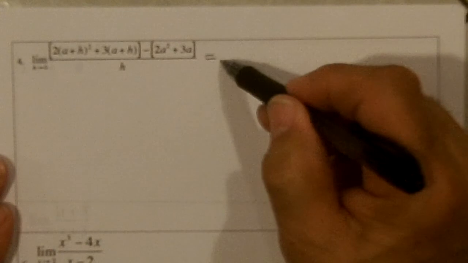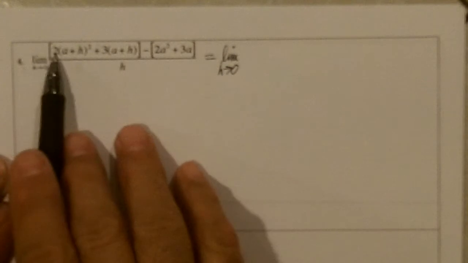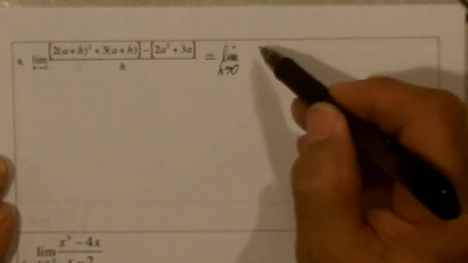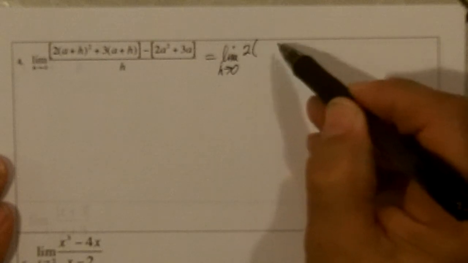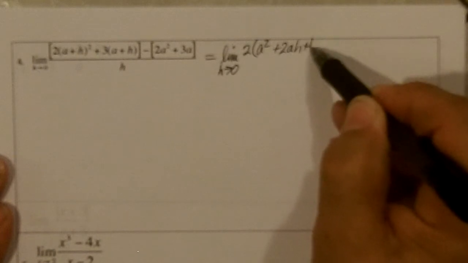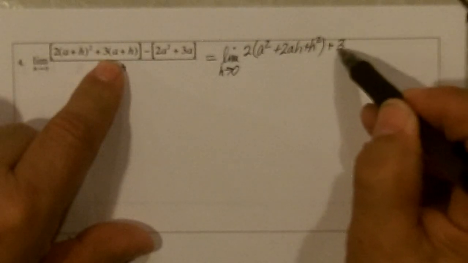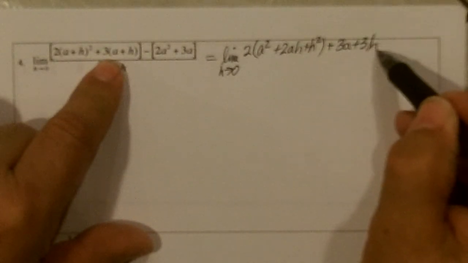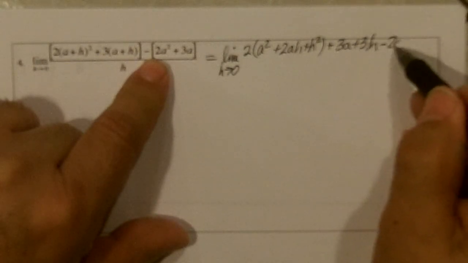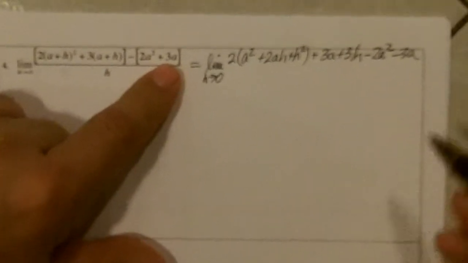4 is just an algebra problem with a touch of calculus. So we have the limit as h approaches 0 of this. So we have a plus h squared times a 2. So it would be 2, and a plus h squared would be a squared plus 2ah plus h squared, plus 3a plus 3h, minus 2a squared, and that minus distributes and makes minus 3a.